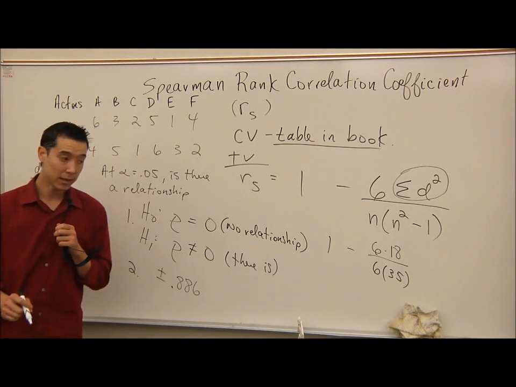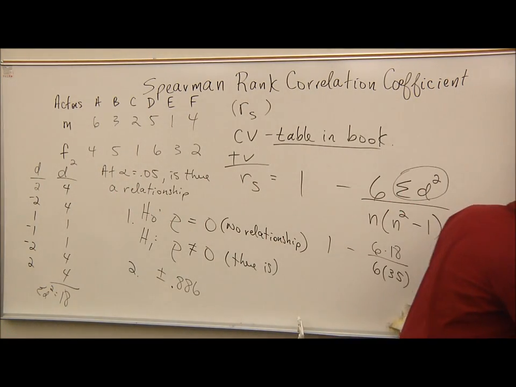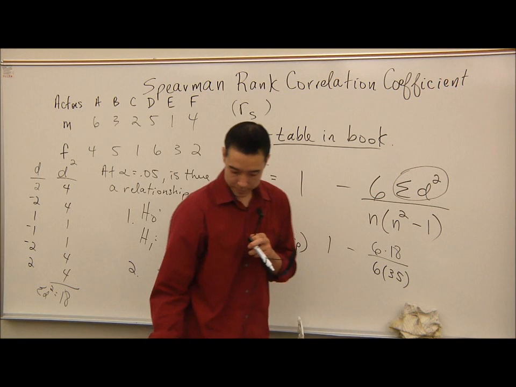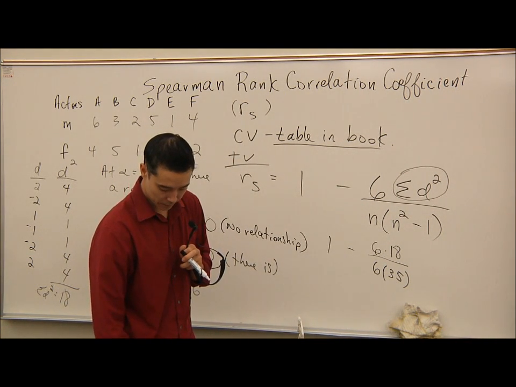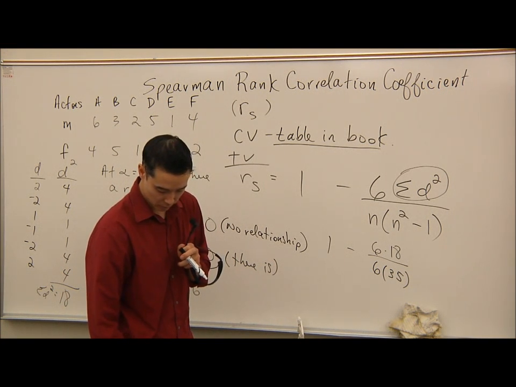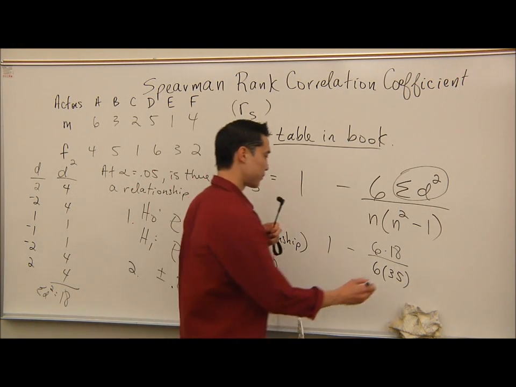So you have 1 minus the fraction 6 times 18 divided by 6 times 35. So let's do that. This one's kind of nice. The 6 is reduced out, so really it's just 18 divided by 35. And to 4 decimal places, I'm getting 0.4857.